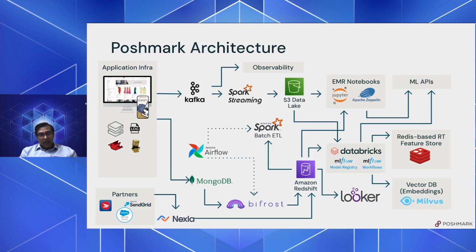Poshmark applications send user events through a Kafka pipeline, and it goes to our S3 data lake. The data in the S3 data lake is consumed through EMR notebooks, Databricks, and sometimes through Looker as well. Data through the event stream is summarized into Amazon Redshift. We also have a transactional pipeline that takes data from our Mongo database and pushes it to Amazon Redshift.